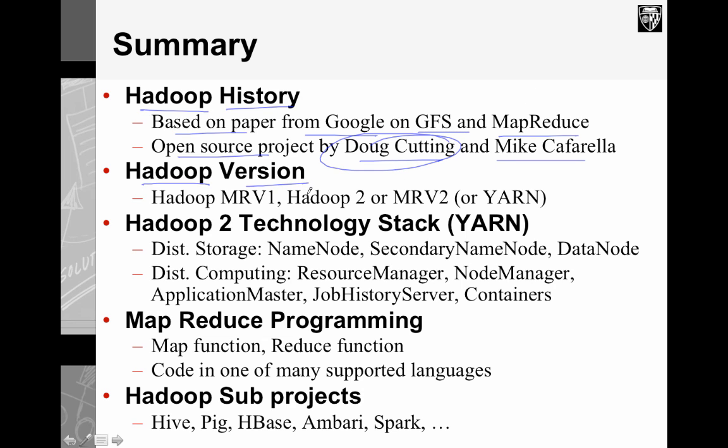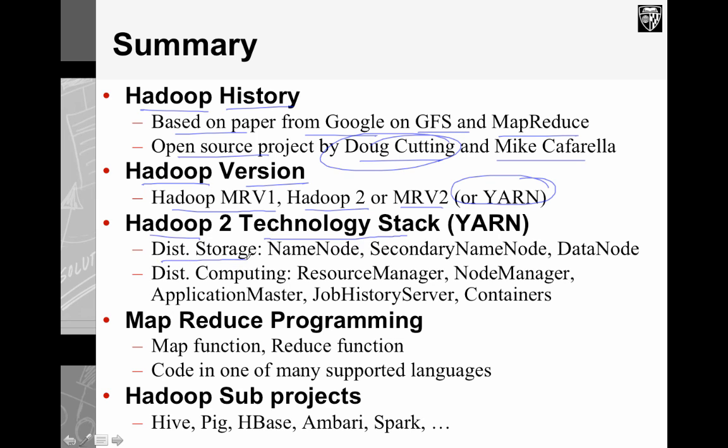Hadoop versions, there are 2 major versions. There's Hadoop 1, which is also called Hadoop MRv1, and there's Hadoop 2, which is also called MRv2 or YARN, yet another resource negotiator. The Hadoop 2 technology stack, which is the YARN stack, is the most popular one now in the marketplace, and that's what everybody's using. You should be using that as you move forward into Hadoop.